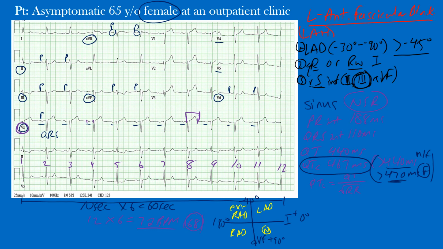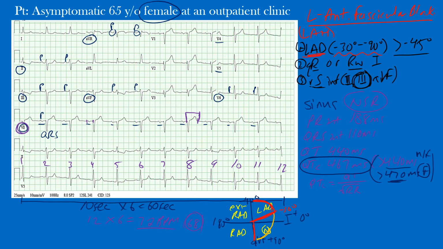Now, normal actually extends into this left axis quadrant, into here, which is negative 30 degrees. If you recall, our criteria for left anterior fascicular block was left axis deviation, but it was between this range, so it's in this region here. So everything from this onward is all considered normal.